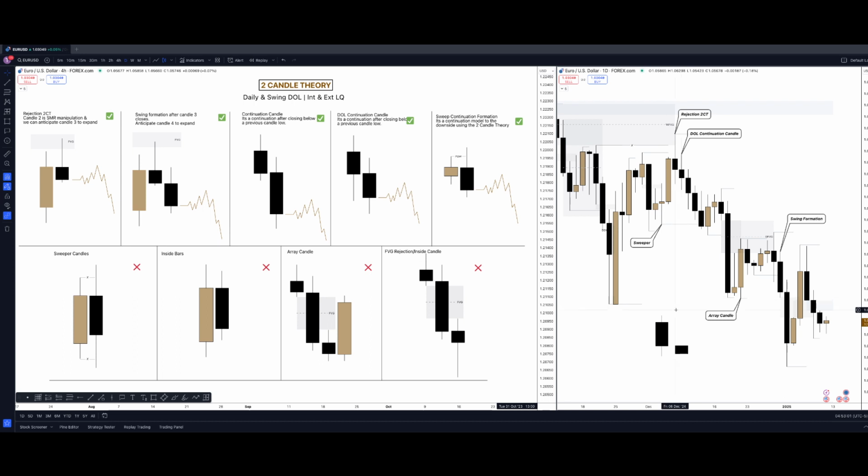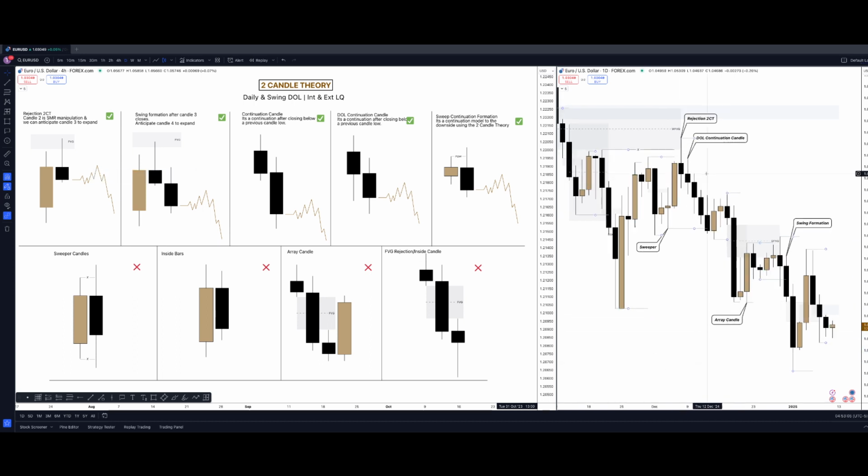Okay, so this example, if we look to the upside over here, you'll see in this instance, candle has rejected. Good indication that we can target this low. We target that low, but we close above it. Now again, this doesn't mean that we are now going to look to target that previous day's high. Absolutely not.